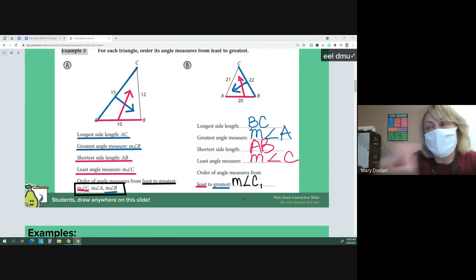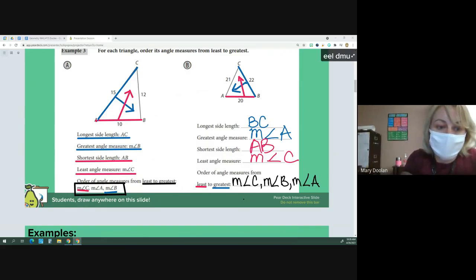And then we know the greatest, so the one that we didn't use is going to be in the middle, which is angle B. So the measure of angle B. And then the last one would be the measure of angle A. And this is our completed answer.